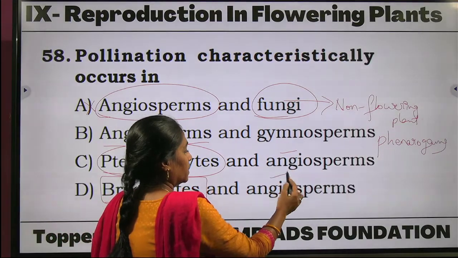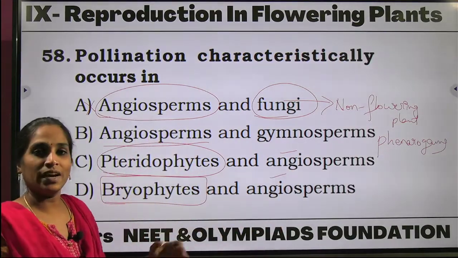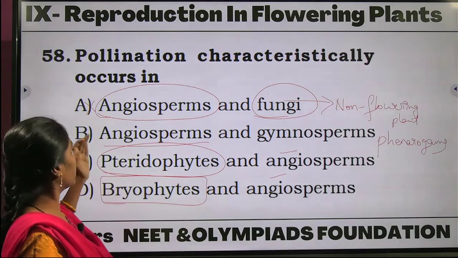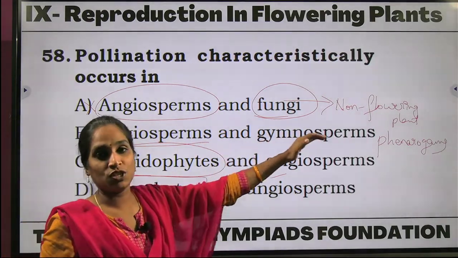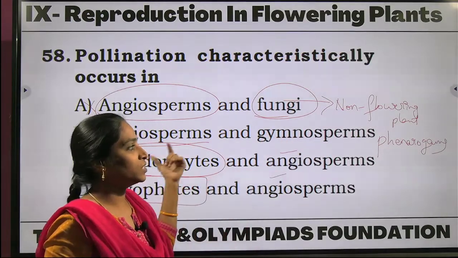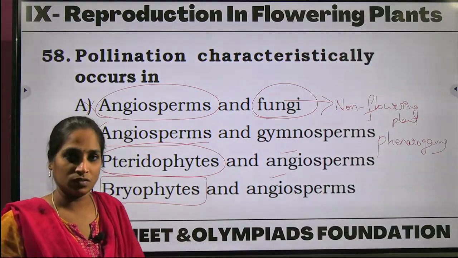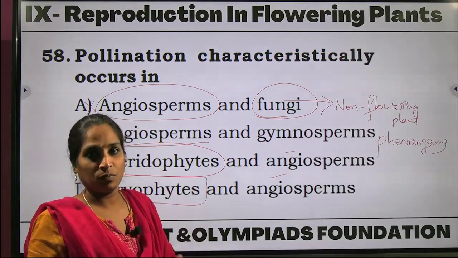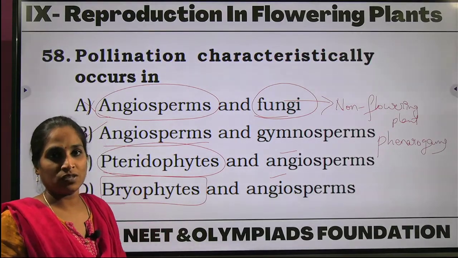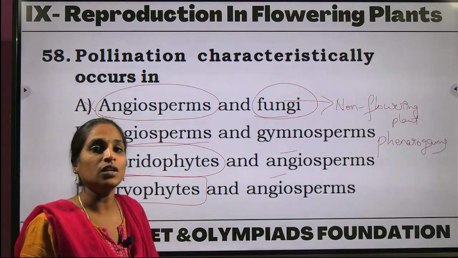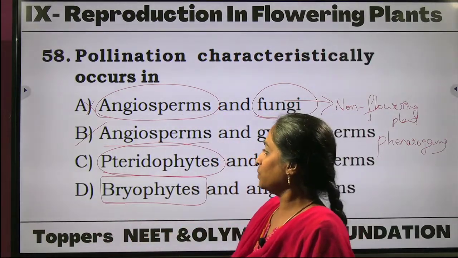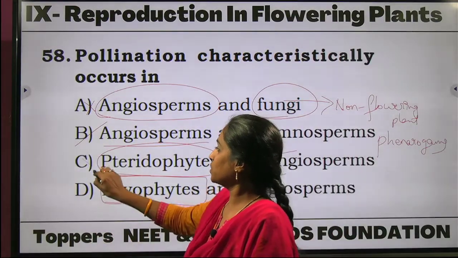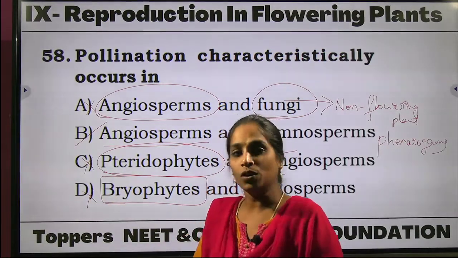Angiosperms are correct but not pteridophytes and bryophytes. So the correct one is option B, angiosperms and gymnosperms. Within these plants we can observe the characteristic pollination process, either self pollination or cross pollination, right? Options C and D are also wrong.